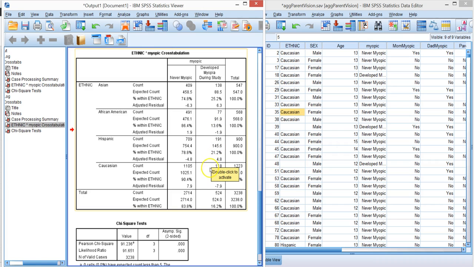Hispanics are a little over, and Caucasians are way under, so their 197 expected value is much bigger than the actual 118. So a standardized residual is a very, very handy way of determining if you have significance in any particular cell.